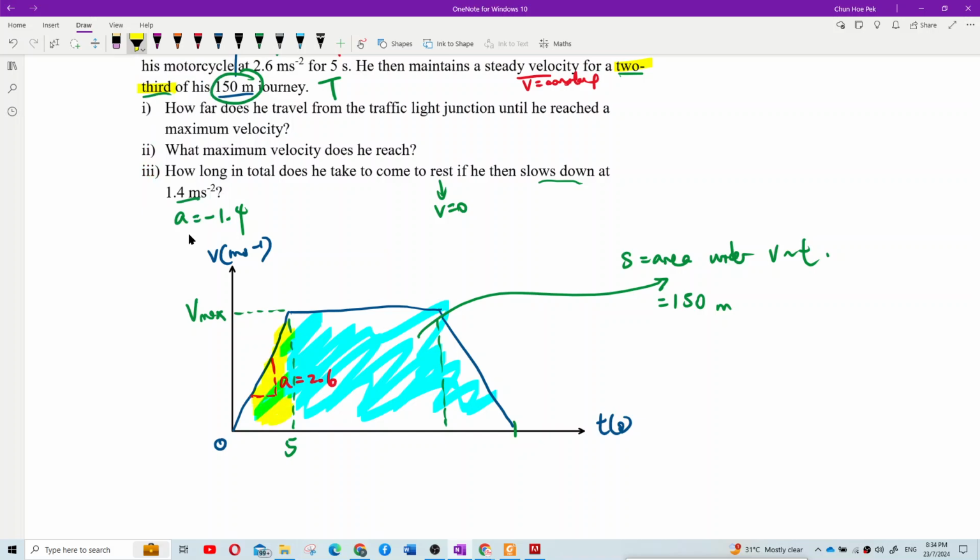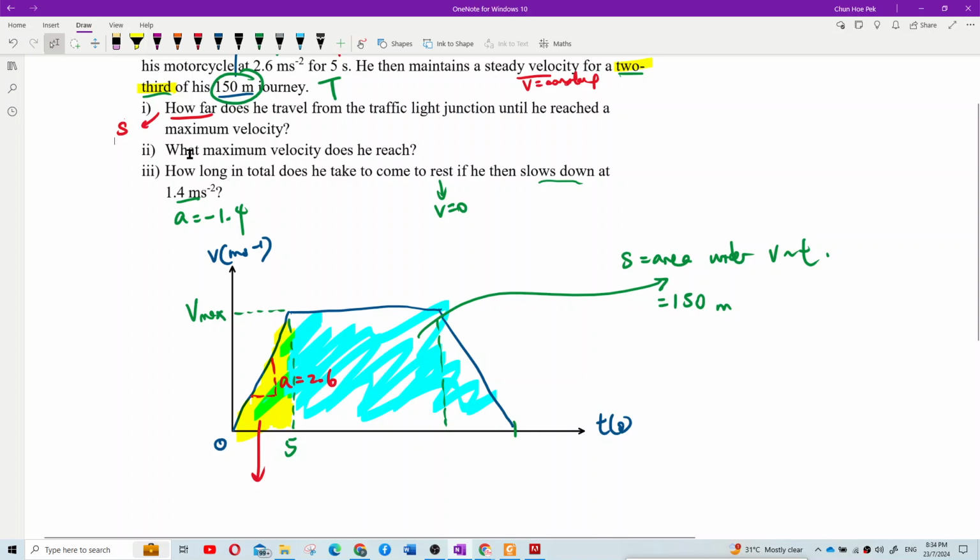House is very noisy. Crying here, crying there. So the first question, this is the area under the graph, right? And how far? It asks for displacement. So there is the area, this first part.